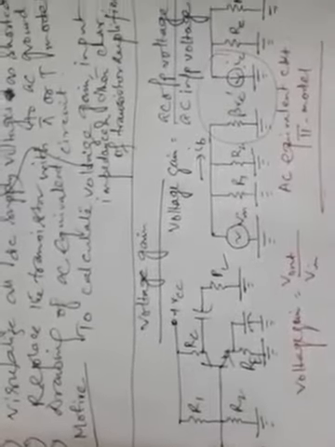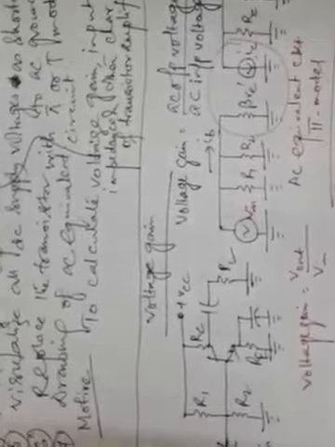Now the AC base current is IB here, which is flowing through the input impedance of the base, which is beta RE dash. You know what beta RE dash is? Beta RE dash is nothing but the input impedance of the base, that means Z in base.